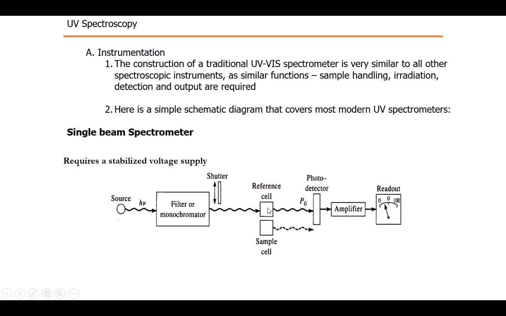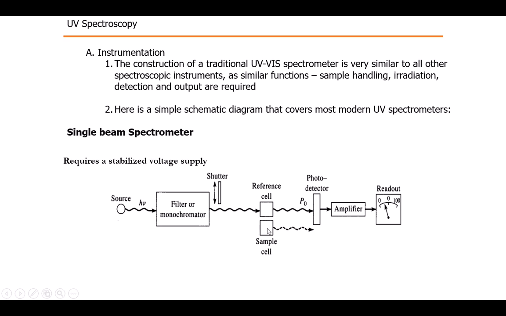We first place the reference cell in the spectrophotometer and take the results. This is called null point detection, and for the reference cell we make the value at the readout equal to 0.